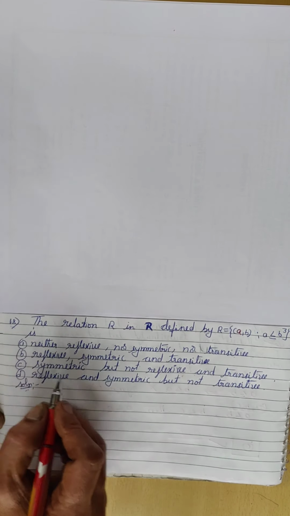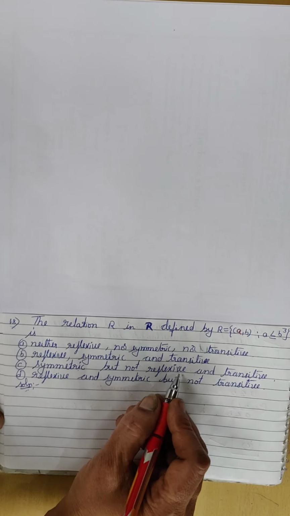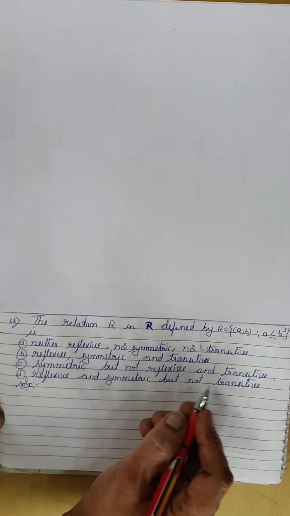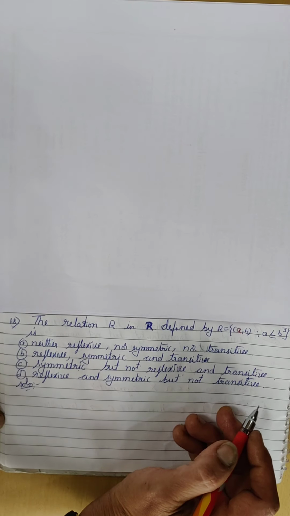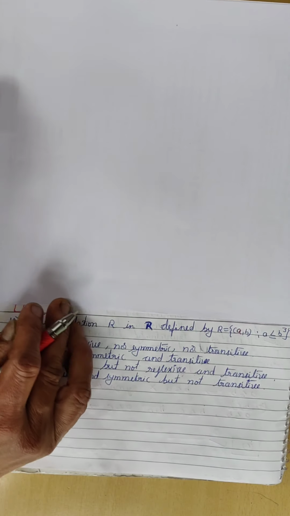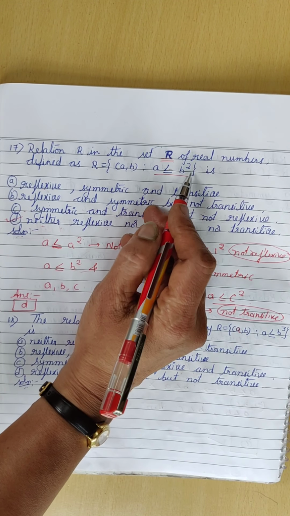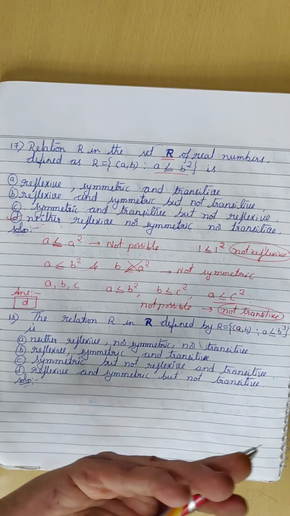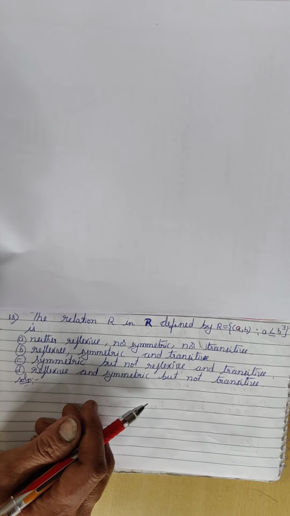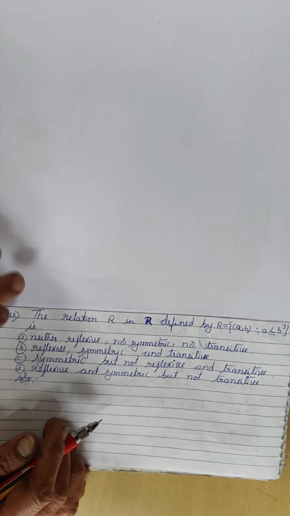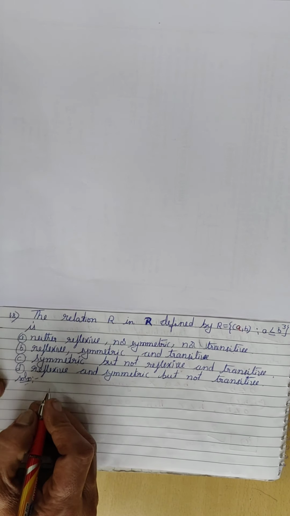Option C, symmetric but not reflexive and transitive. D, reflexive and symmetric but not transitive. It's just like the one I've already done, A is less than or equal to B square, and you must have already understood which is the correct option. Let us see that now.